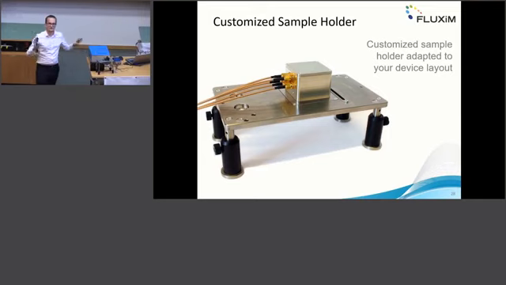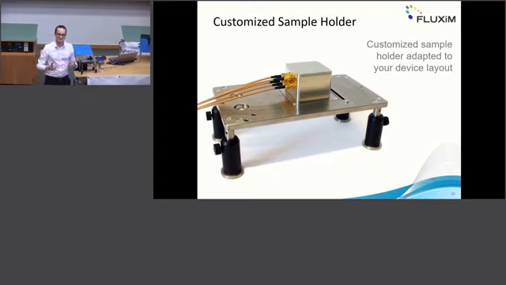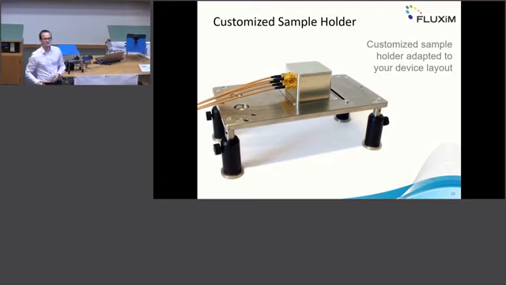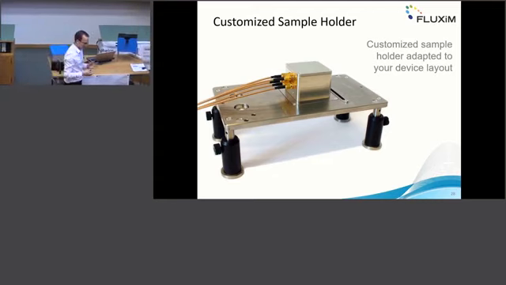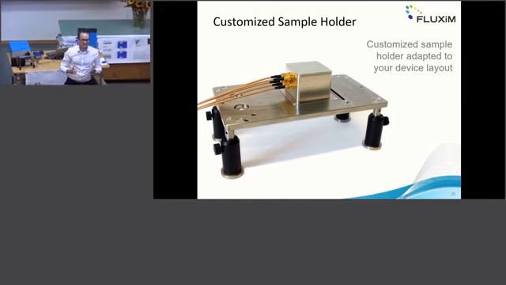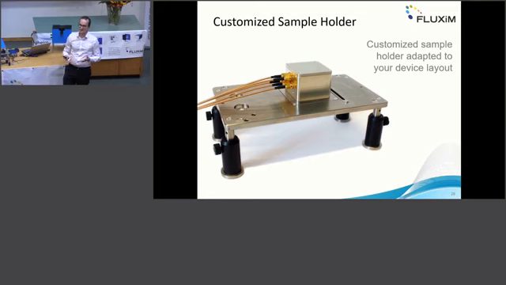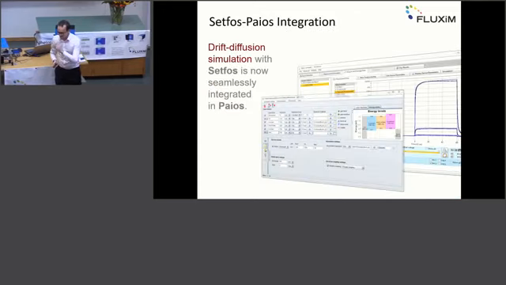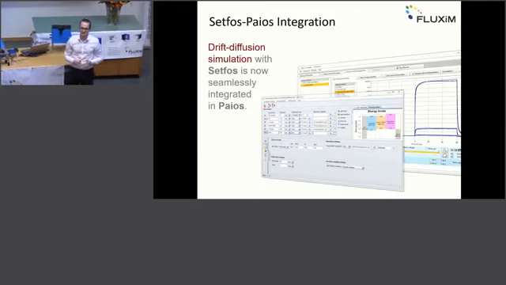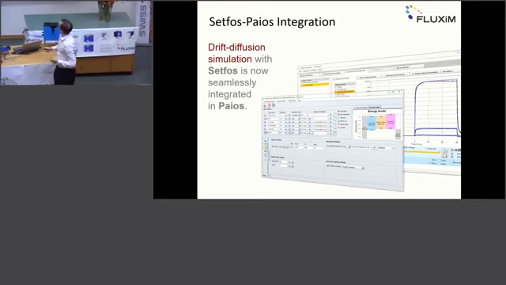What we have now connected it to is, like, a marriage with the simulation software, because once you have measured all your devices, you may want to learn something from it, and the best way to learn something from it is by comparing it to numerical simulation. That's what we call PAIOS ZFOS integration.